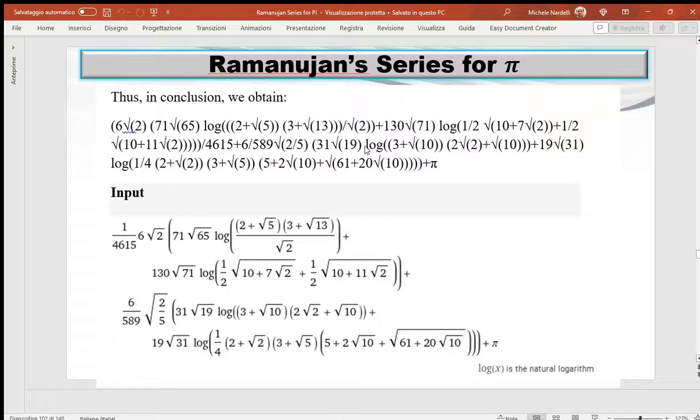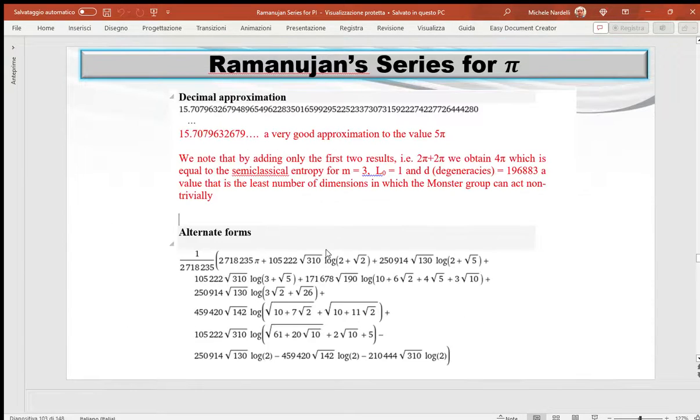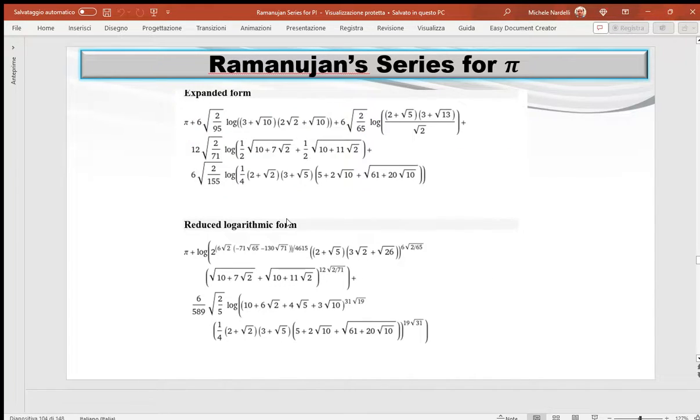Also for this expression we obtain the alternate forms, expanded form, the reduced logarithmic form.